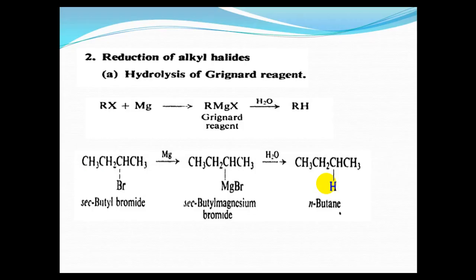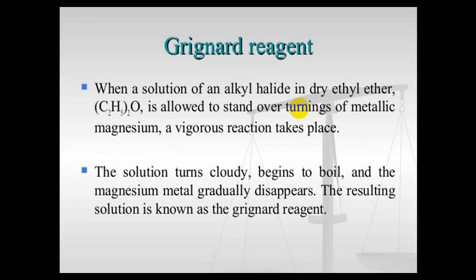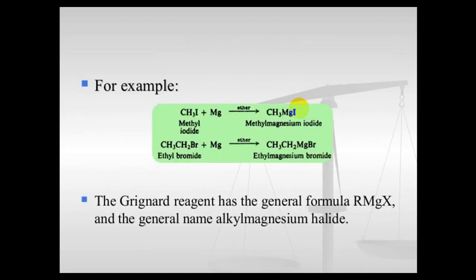In alkane, it will not be dry, but hydrolysis with water in order to produce alkane, because we wanted alkane. But in other types of compound it must be dry.